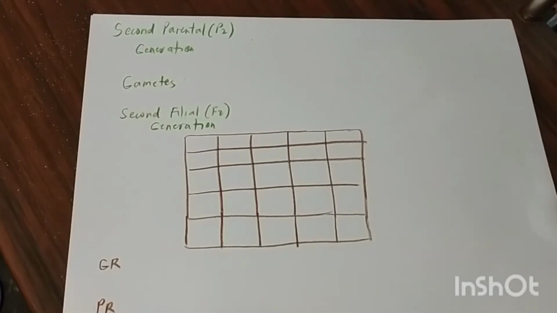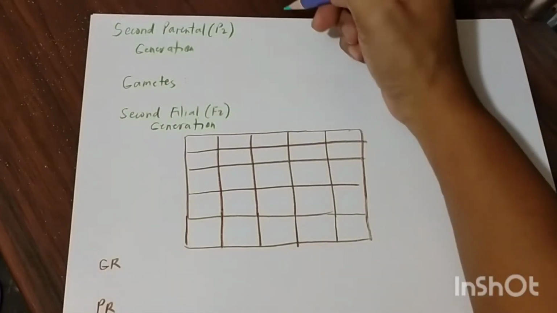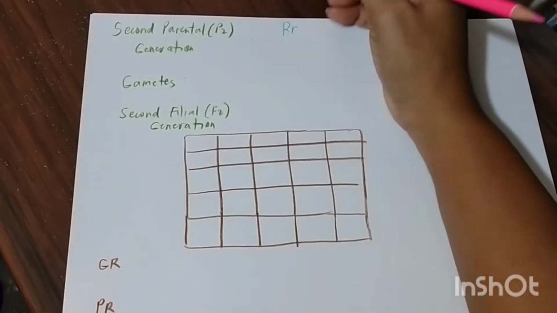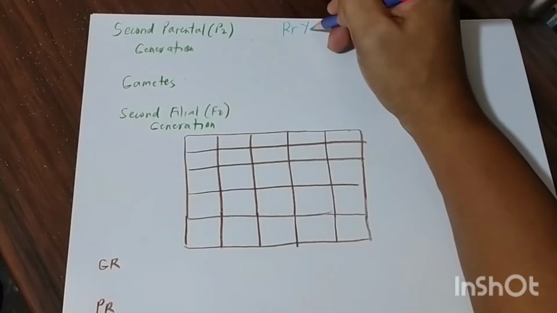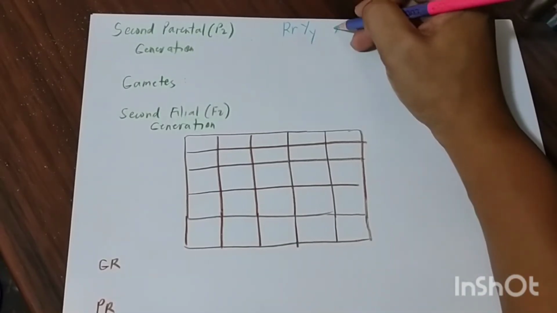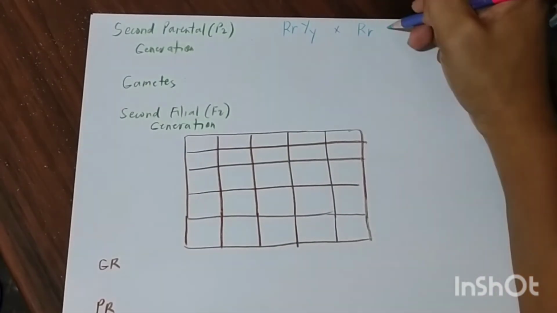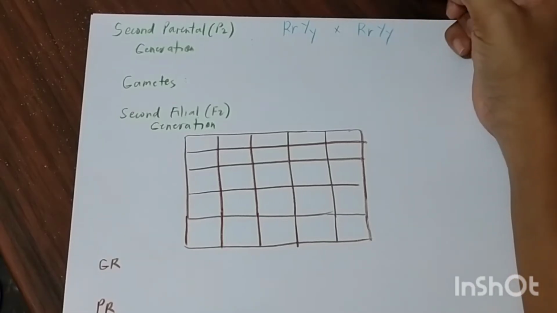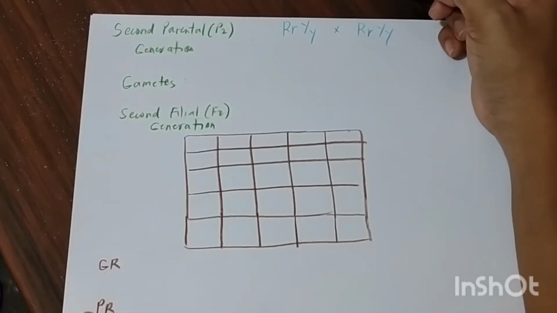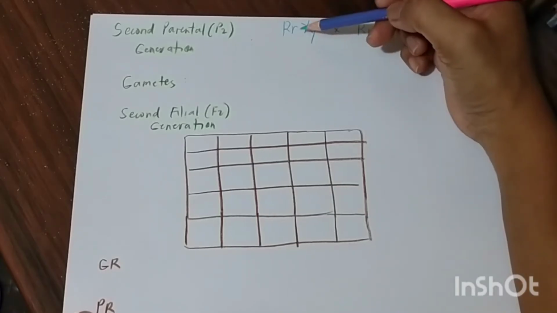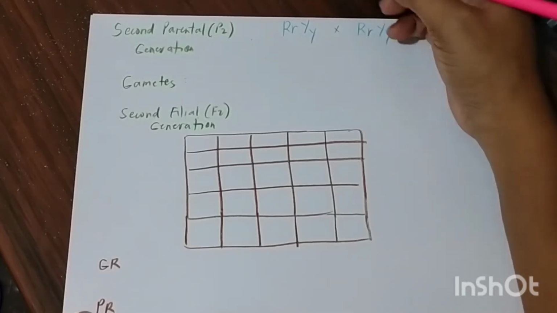Remember that for the heterozygous individual, we have heterozygous round and heterozygous yellow. So we have round and yellow for our parental generation 2. The gametes of the heterozygous round and yellow are as follows.